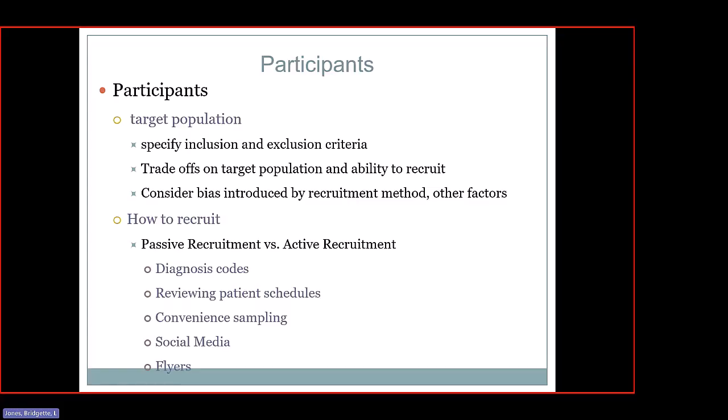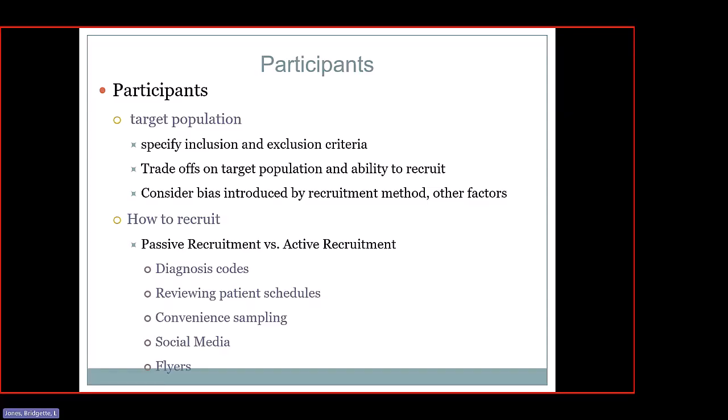The way that I do a lot of my research studies is that we're actively reviewing daily patient schedules to see who's coming in and who may meet our criteria, and then we actually approach them in clinic. So there's lots of different ways to do that. Again, think about what your target participant population is, and what's feasible to do with the resources that you have available.